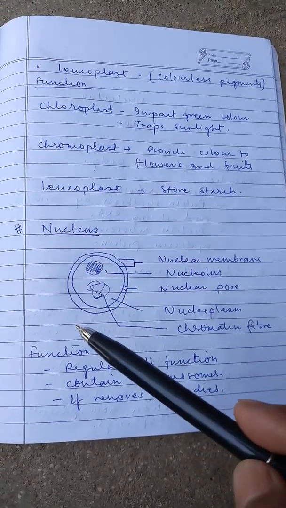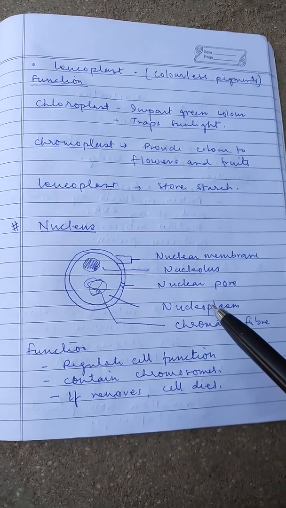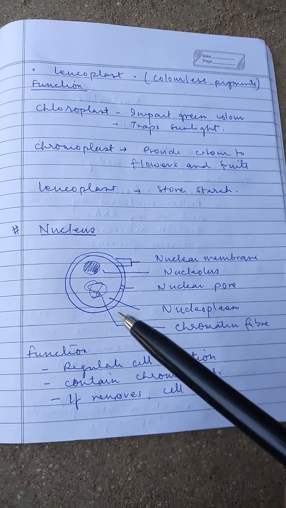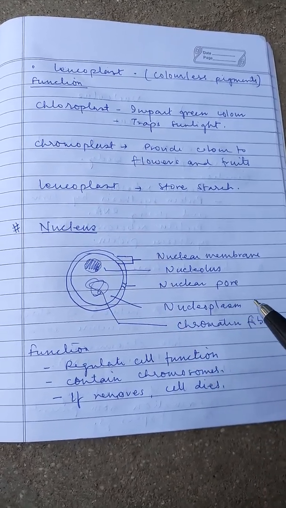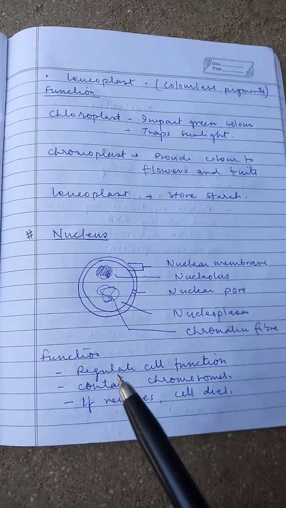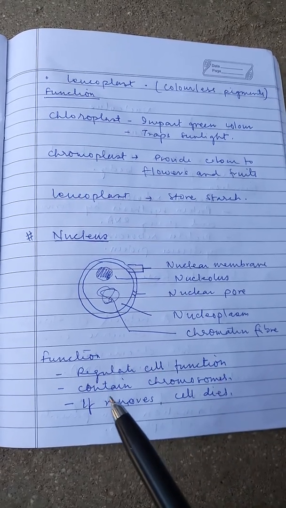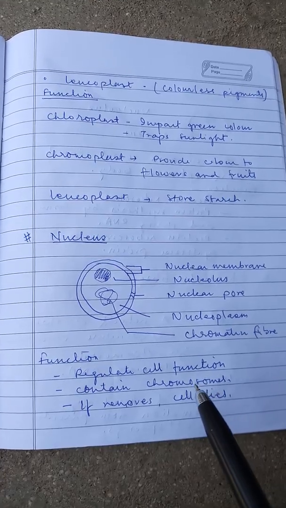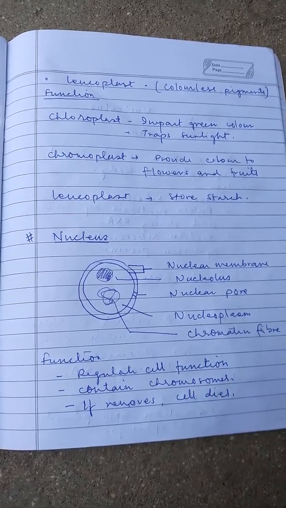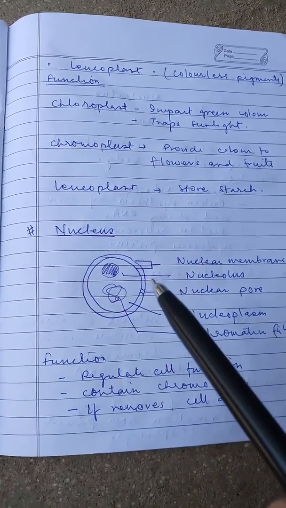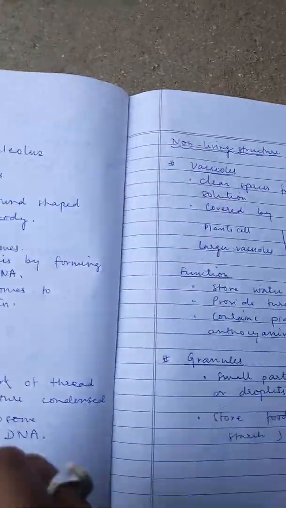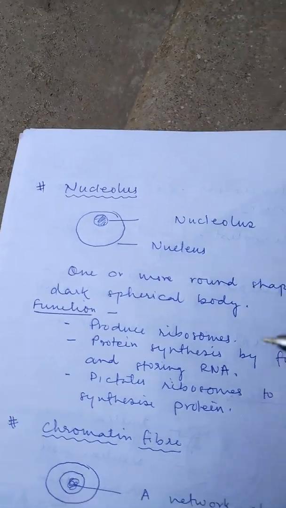The area inside the nucleus is known as nucleoplasm, which contains a dark spherical body, the nucleolus, and the genetic material, chromatin fiber. Function: it regulates cell function, contains chromosomes, the genetic material, the carrier of hereditary information from one generation to the next. If one removes the nucleus from a cell, the cell will die.